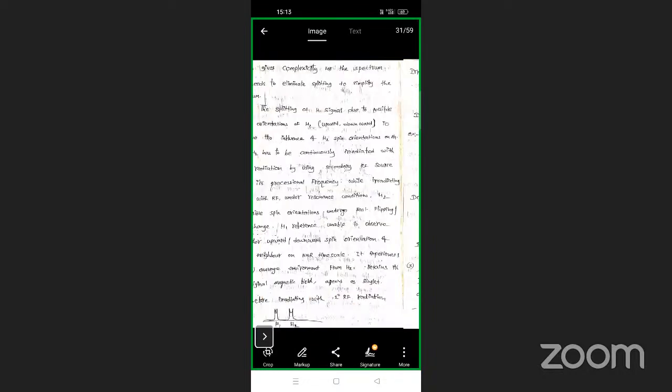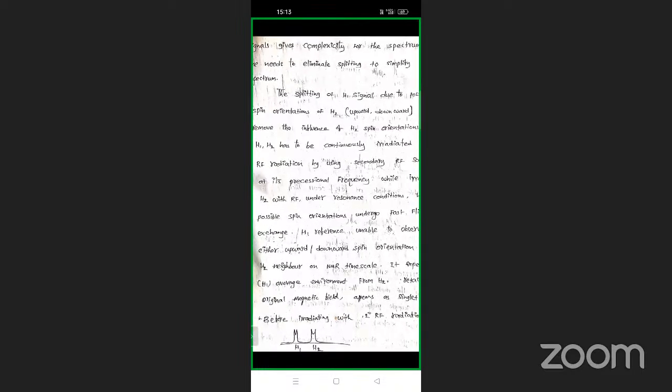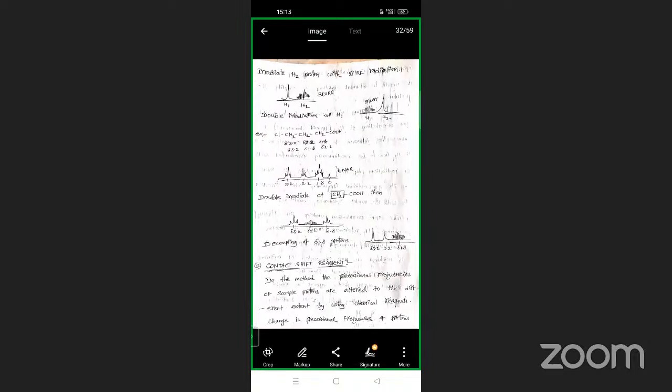Here you can see two protons are given, H1 and H2, with the H2 proton irradiated with a secondary radio frequency.